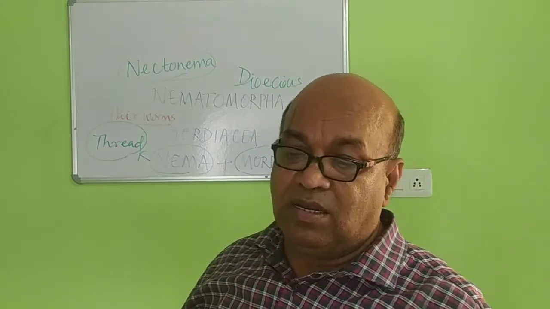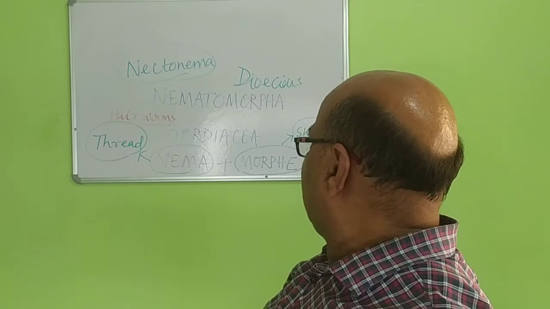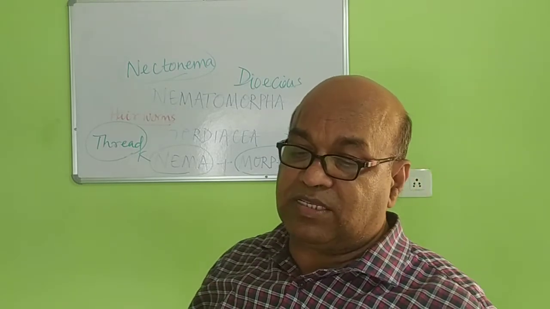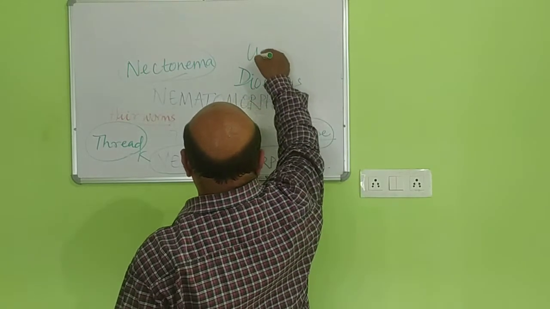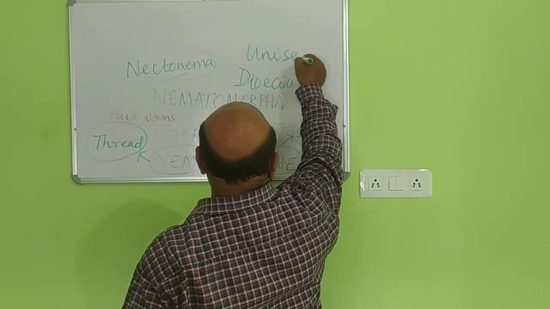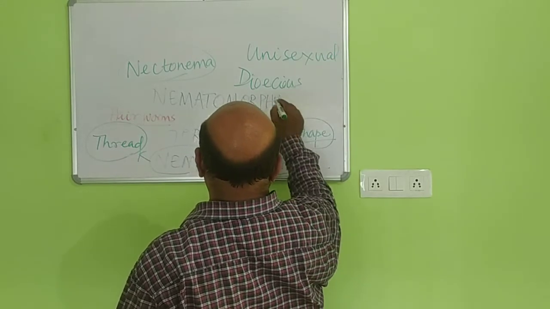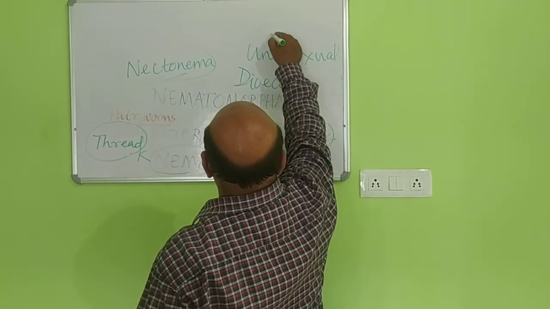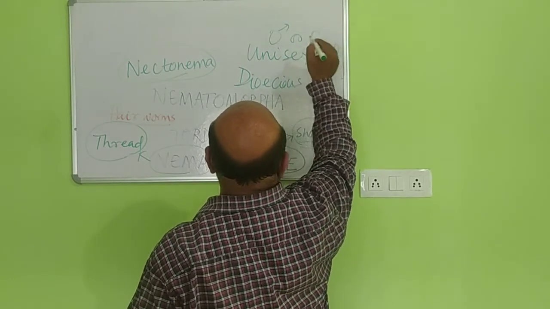Dioecious means unisexual, meaning only one sex, either male or female, is seen in one body.